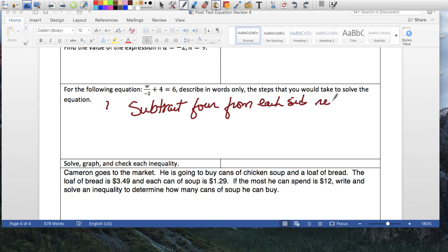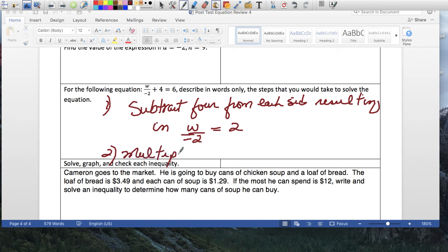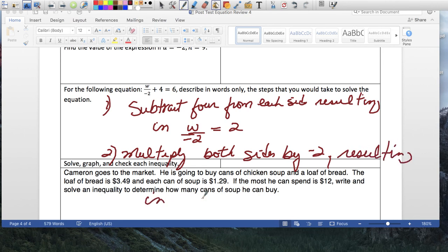Subtract 4 from each side, resulting in w over negative 2 equals 2. Multiply both sides by negative 2, resulting in w equals negative 4.